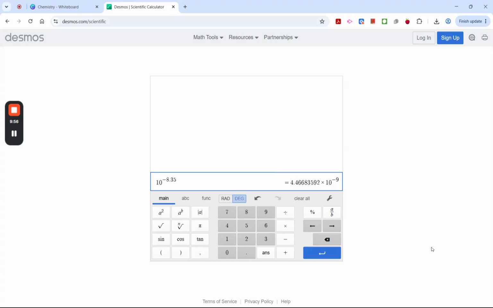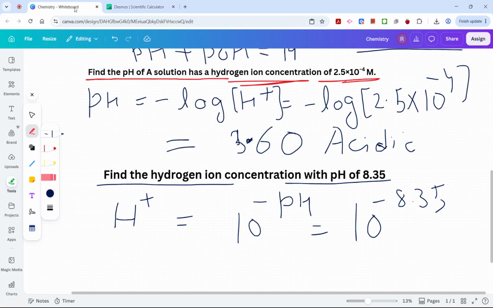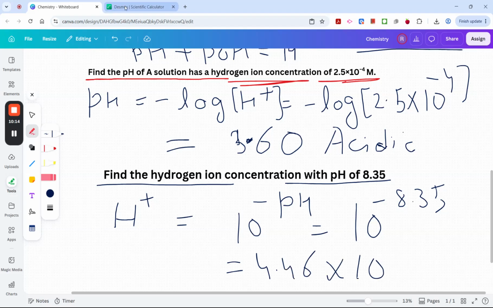I told my kids, max you will go with the first three digits. So 4.46 is correct, and 4.47, if you're rounding off, is also correct. So I will write 4.46 times 10 raised to the power, double check, negative 9.